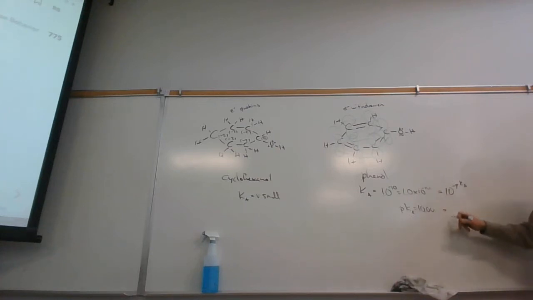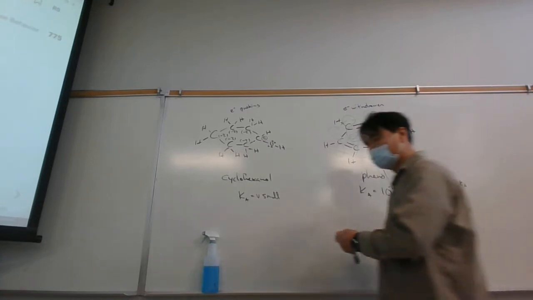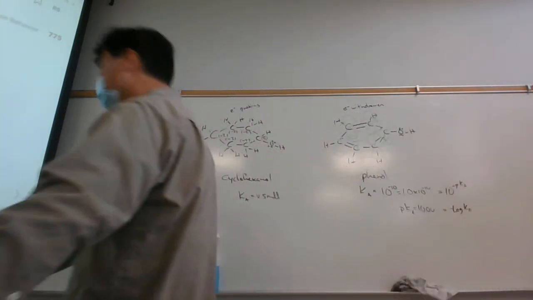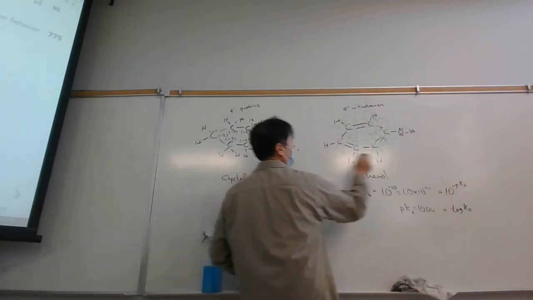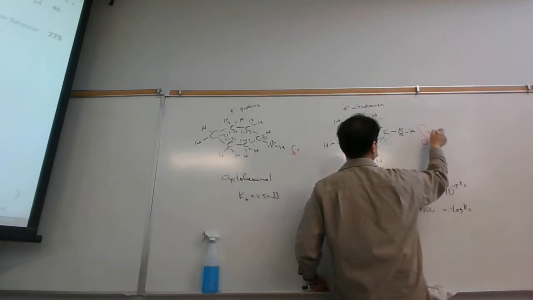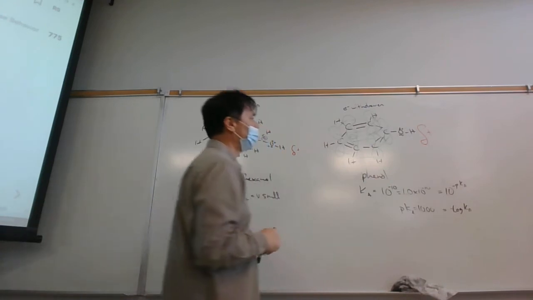And the pKa is just the negative log of the Ka. And so what happens here is this makes phenol much more acidic, because we're going to get a much larger delta plus there, a much higher polarity.